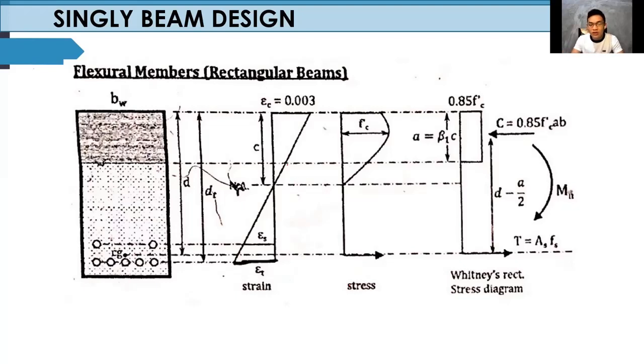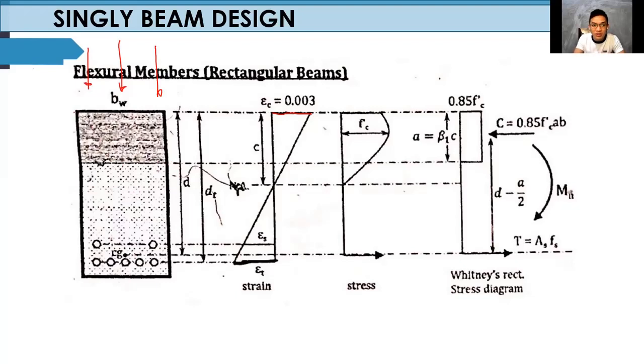Okay, so if we are talking about our strain, our deformation, as you can see, this is our graph. Habang lumalayo tayo sa ating NA or neutral axis, lumalaki yung ating deformation. So let us just assume, dahil sa loads na nasa itaas, what will happen to our beam?